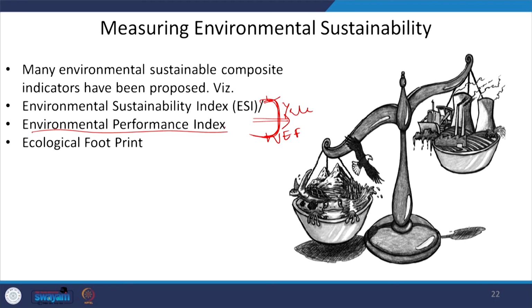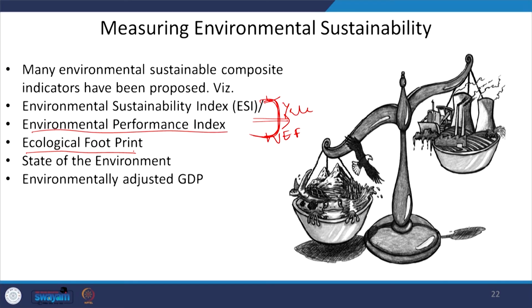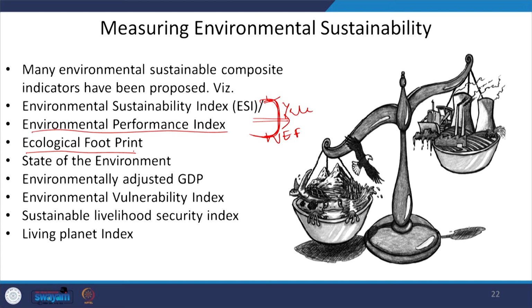And another measuring rod for environmental sustainability that we find in the literature includes ecological footprint, state of environment, environmentally adjusted GDP, environmental vulnerability index, sustainable livelihood security index, living planet index and well-being index.